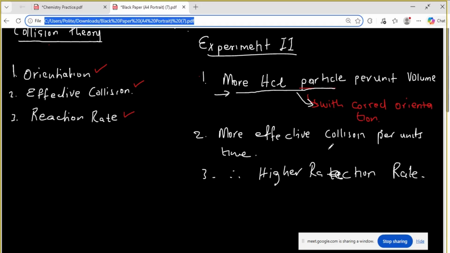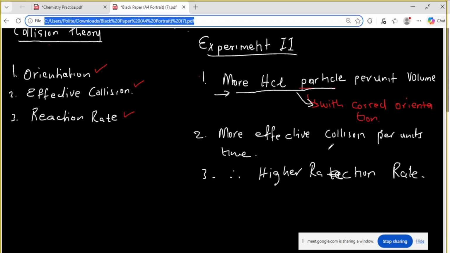It will be between reactants. So it requires particles to collide with sufficient kinetic energy. And when they collide, they must collide with the proper orientation to break old bonds and form new ones.